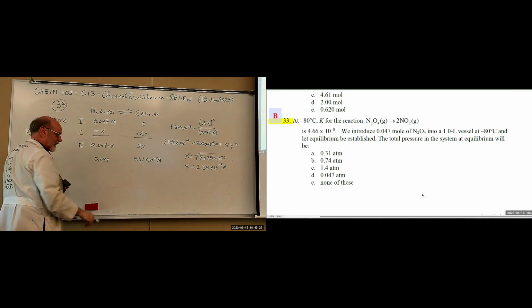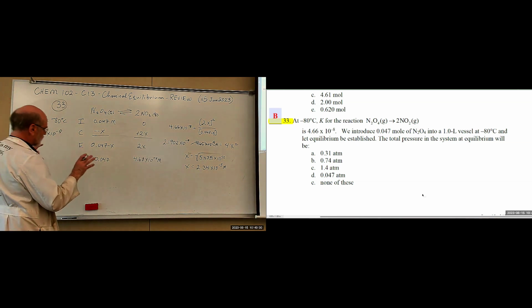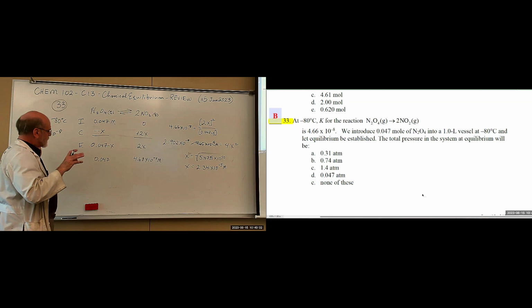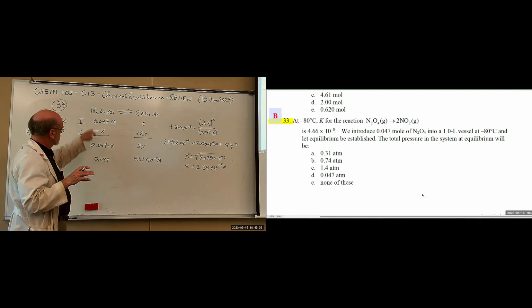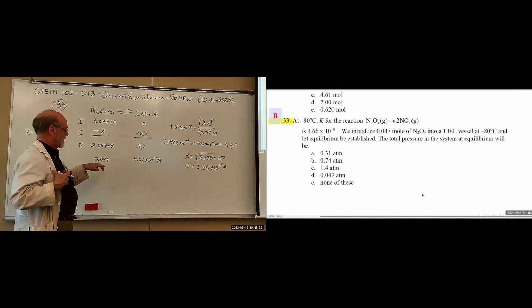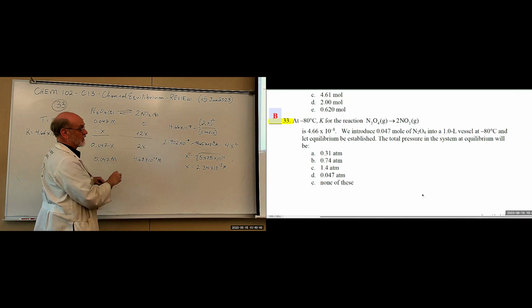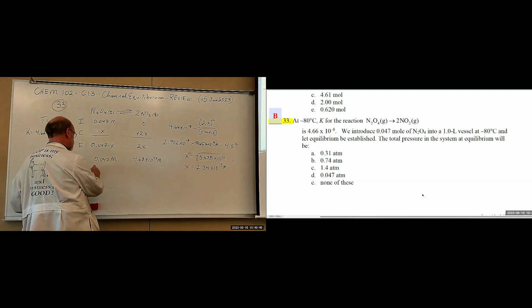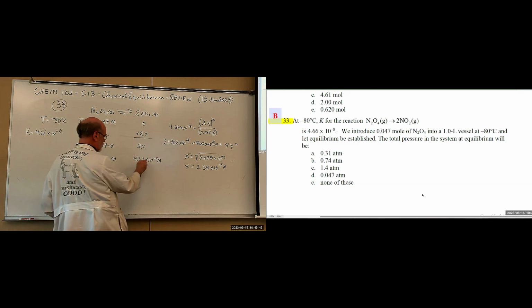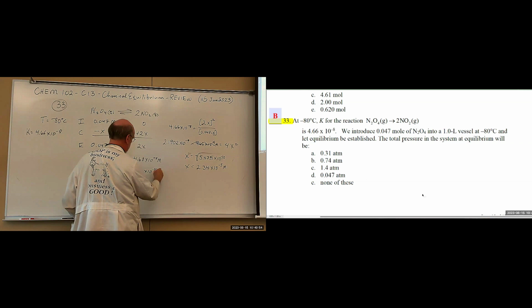All right. Now here's where you have to back up and take a look at it. If this is the molarity of the reactants, and this is the molarity of the products, what's the total moles in there? It's a 1 liter flask, so this is going to be 0.047 moles, and this is going to be that times 10 to the minus 5 moles.